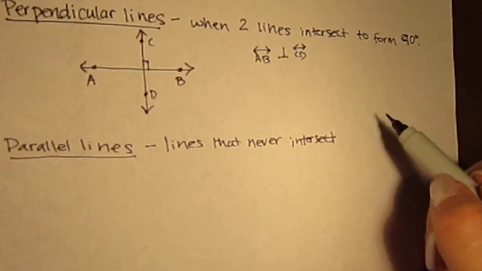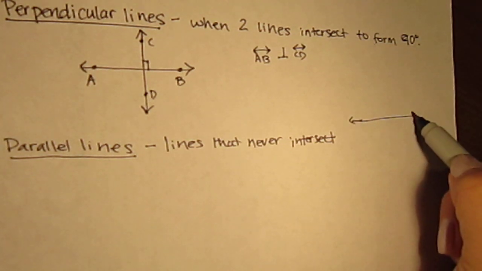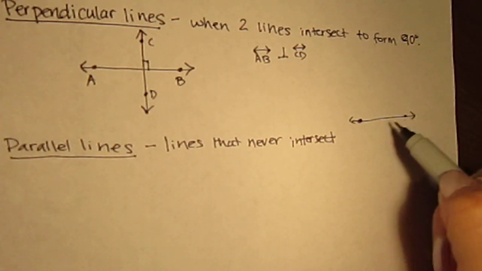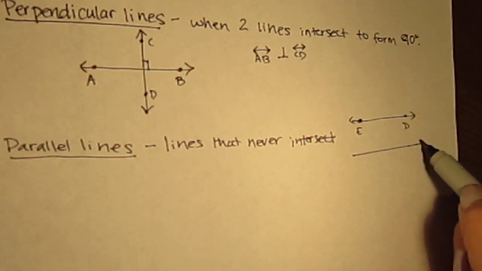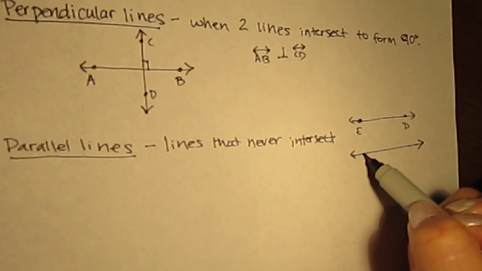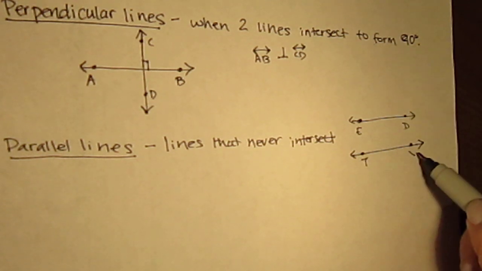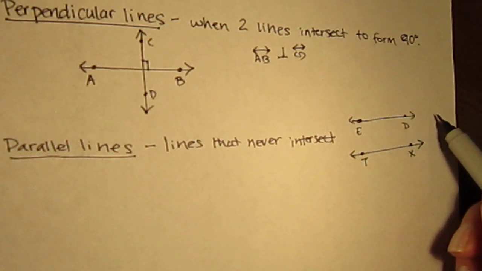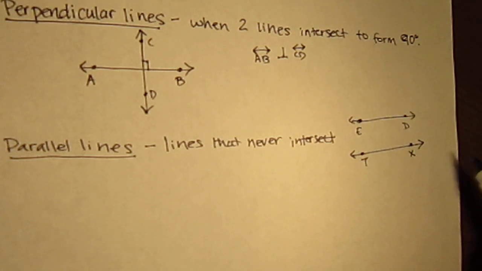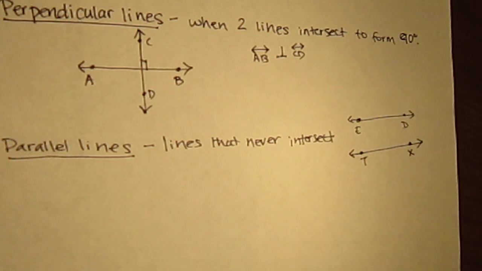Parallel lines would look like this on a piece of paper. You have one line, and let's call that line ED. And then I have another line alongside of it, and let's just call it line TX. These lines will go on and on, but we say that they're parallel because even if they go on, they're never going to intersect. They're never going to meet each other.